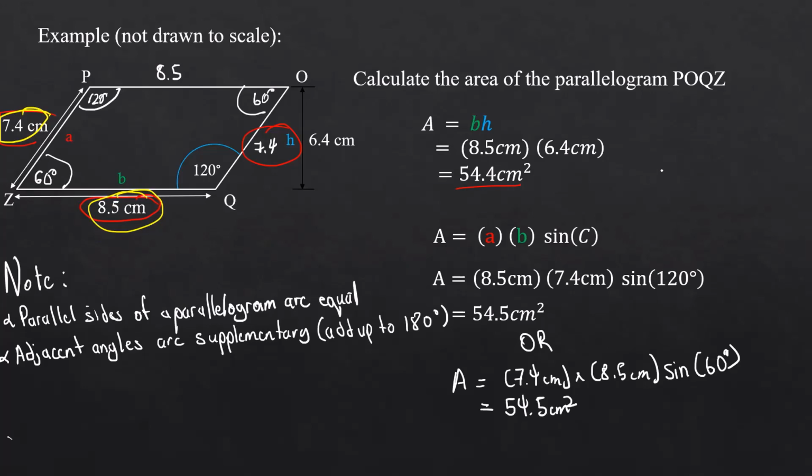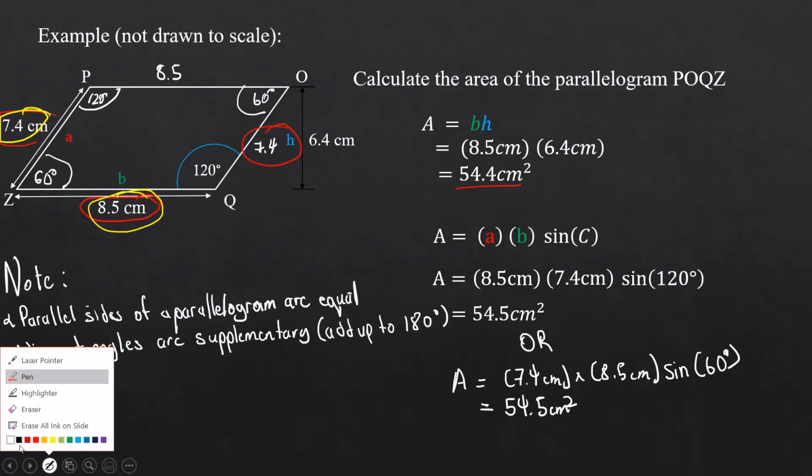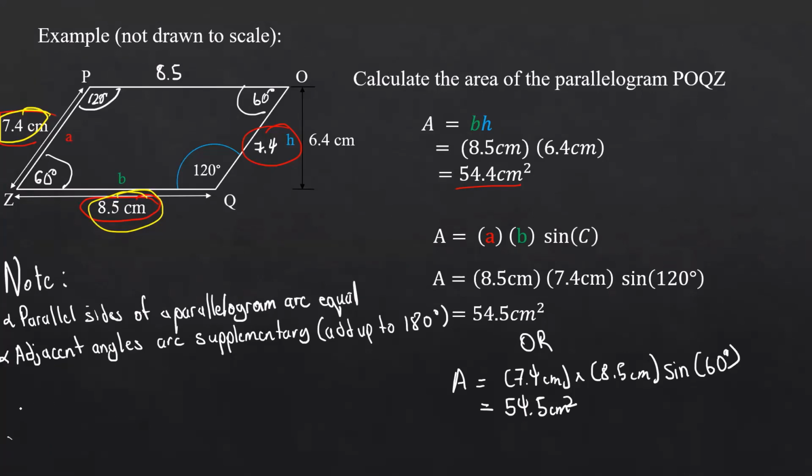Reason being is because sine 120 degrees is equal to sine 60 degrees. They're two different numbers, but they give you the same answer, right? Trigs.